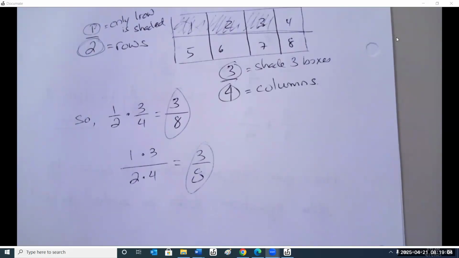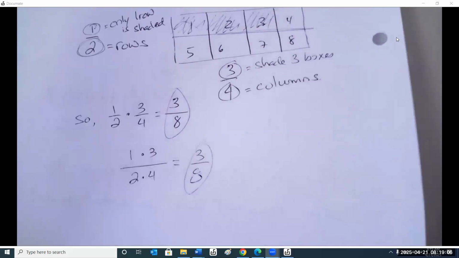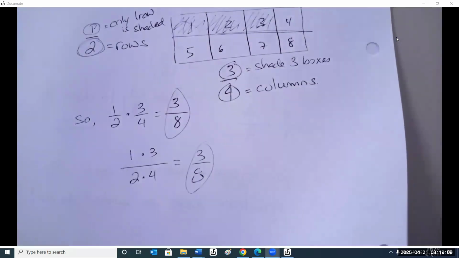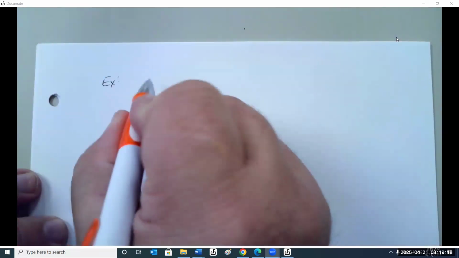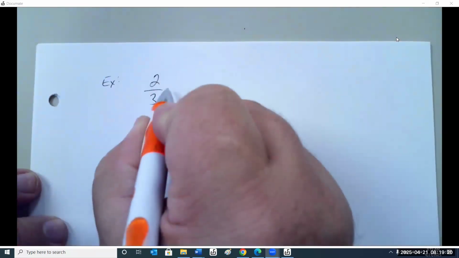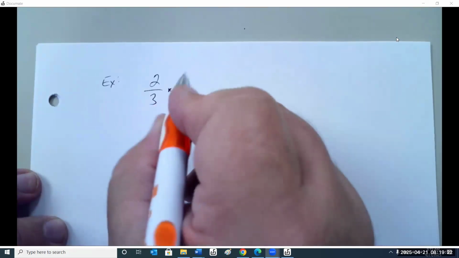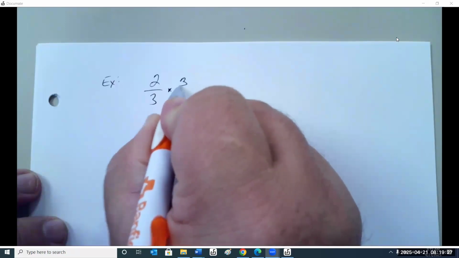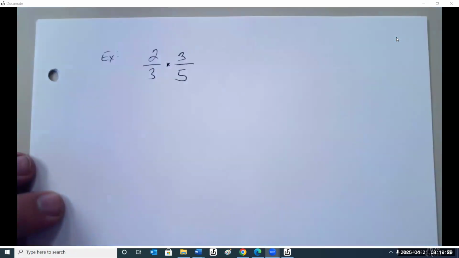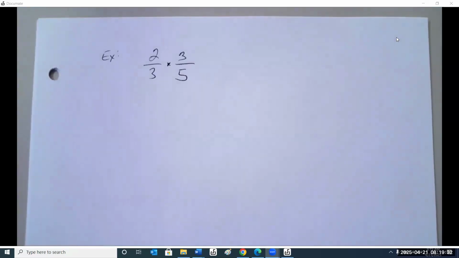Let's try a bigger one. 2/3 times 3/5. Show it to me graphically and show it to me mathematically.